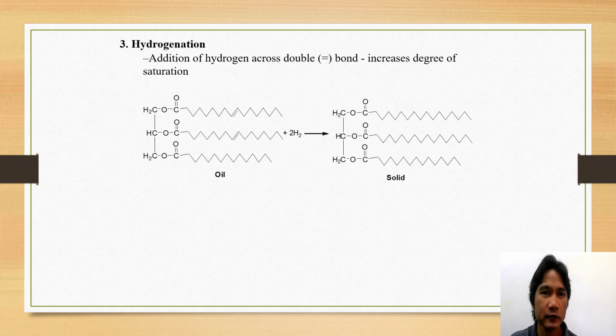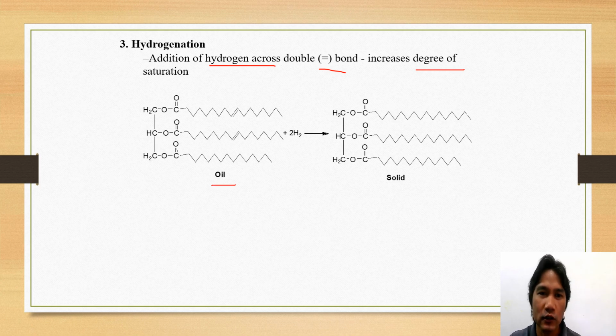And then the third reaction is called hydrogenation. Hydrogenation is a process wherein hydrogen molecule is added to the double bond, to increase the saturation. So in this example, you have an oil.